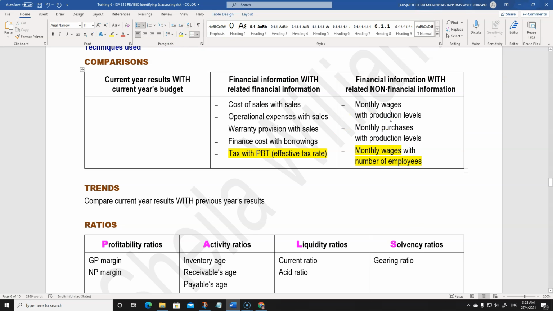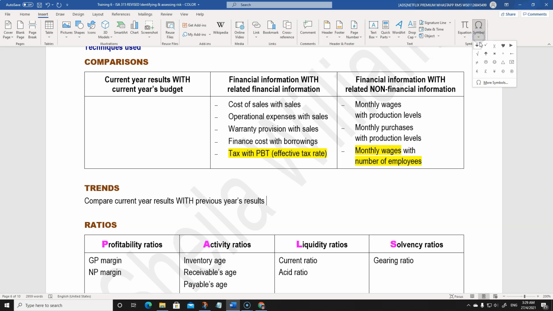So if the number of people go down, then you expect the monthly wages to also go down. But if the number of people go down because let's say there's been a layoff, some redundancies, and then the monthly wages goes up, something funny is happening. It could be fraud.